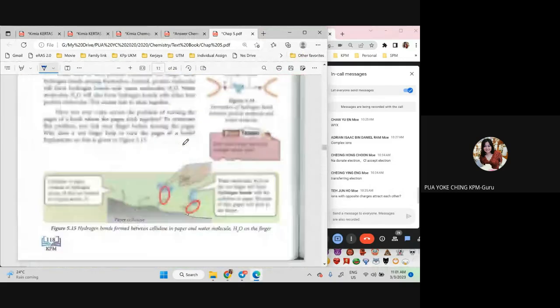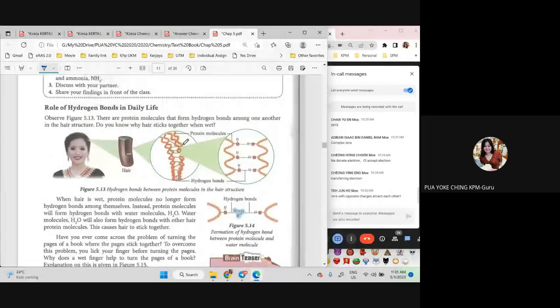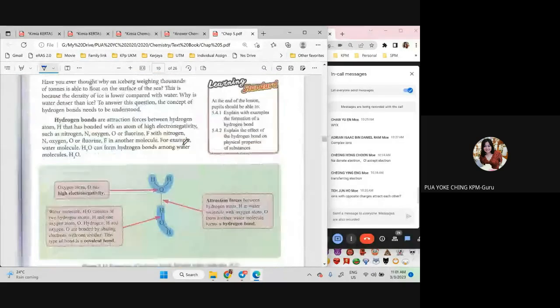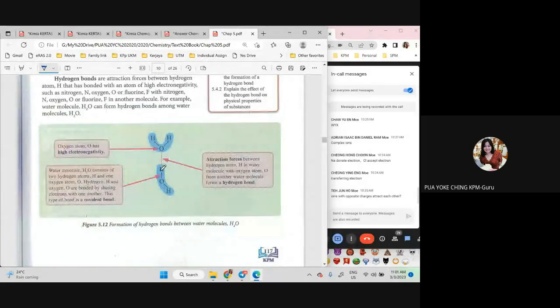Okay, this one, OH. Okay. So tengok, mesti sebut siapa yang high electronegativity. And then yang ini akan tertarik dengan hydrogen. Okay. So tarikan ini ialah your hydrogen bond.